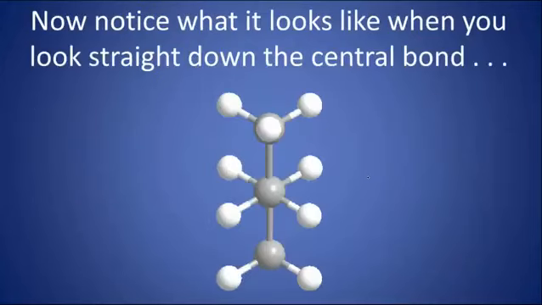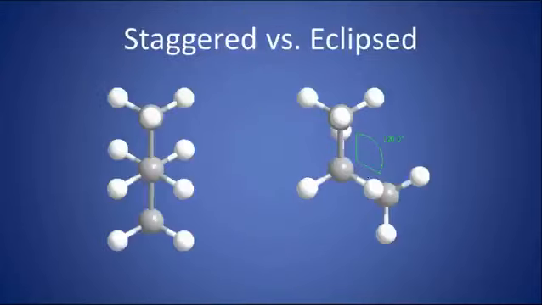So I made some models of this looking down the central carbon-carbon bond. If you look down the central carbon-carbon bond in your model, hold it so that your eye is going straight down the bond, and look at how the other atoms bonded to those 2 carbons line up. If you rotate around that bond, you'll see that the relationships of the other atoms change.